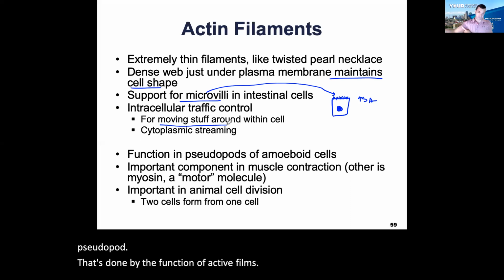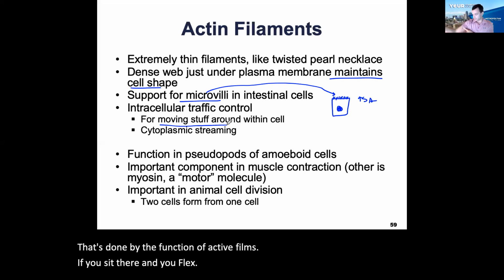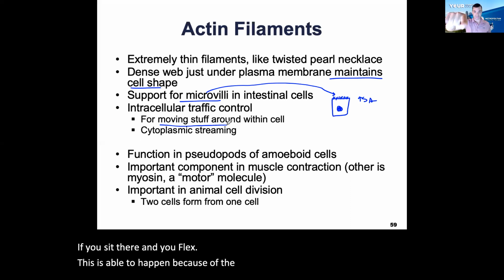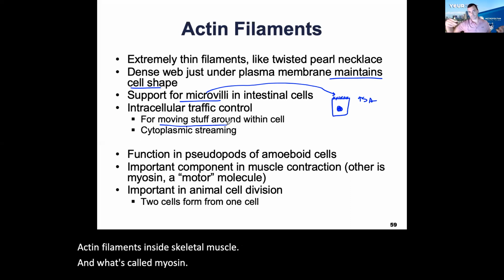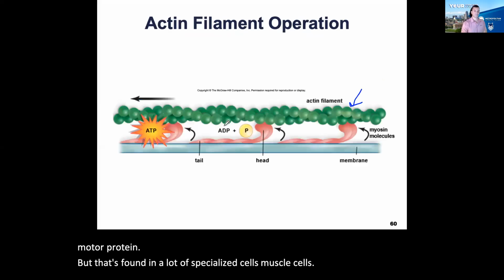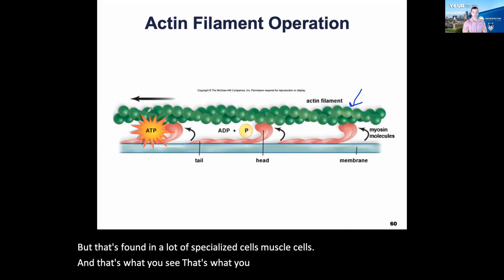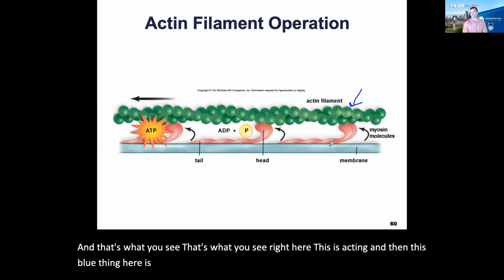If you sit there and you flex, this is able to happen because of the interaction of actin filaments inside skeletal muscle and what's called myosin, another motor protein. But that's found in a lot of specialized cells, muscle cells. And that's what you see right here. This is actin, and then this blue thing here is the myosin molecule.